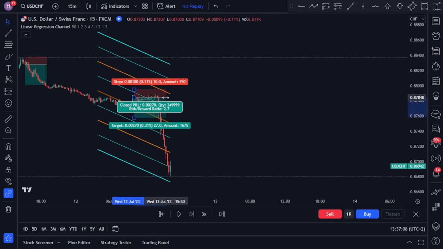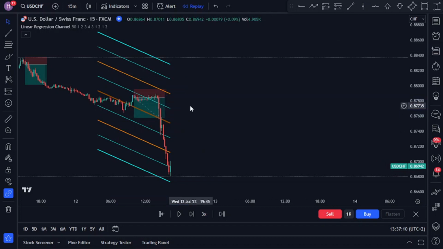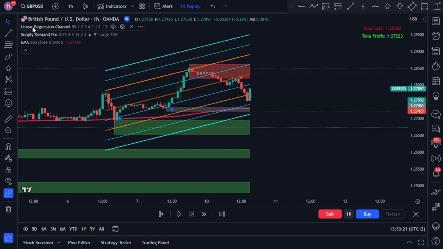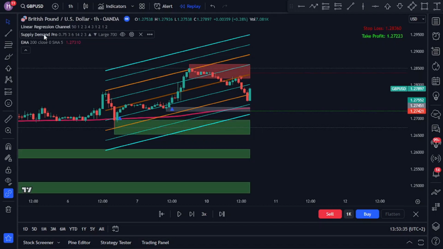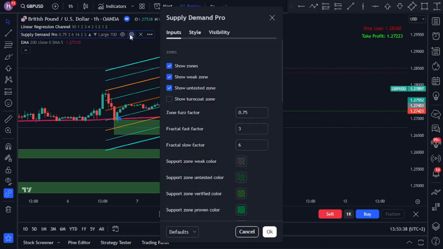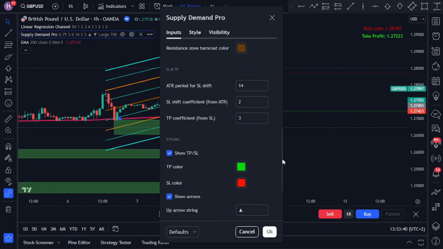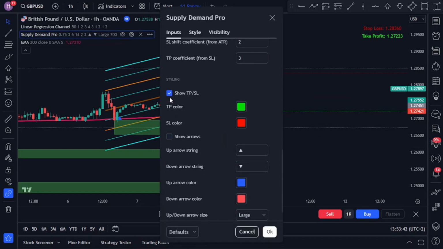To do this, let's take a look at another example using our linear regression channels. However, this time I'm going to introduce two additional indicators to our analysis. For this example, I have selected the British pound against the US dollar on the hourly time frame. And the first indicator which I have attached is our supply demand pro.